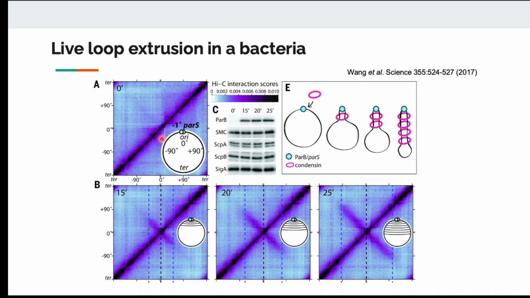So now people realize that it's not just binding to specific loci. Once the protein binds, it can move the DNA.